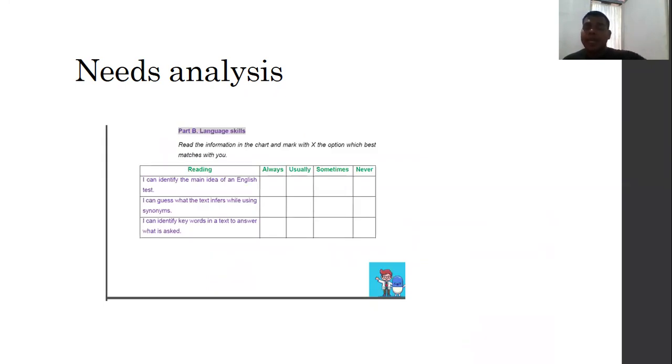Part B has the language skills. Of course, I wanted to teach English, so I needed to take into account questions related to this language.